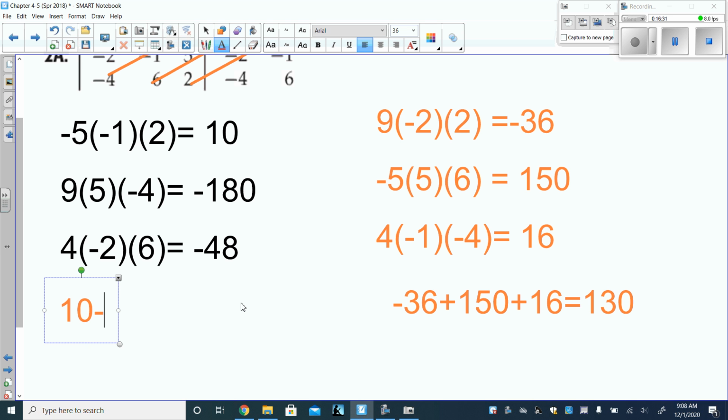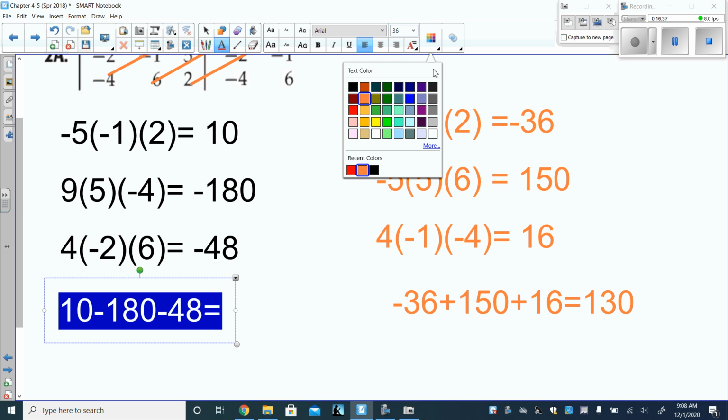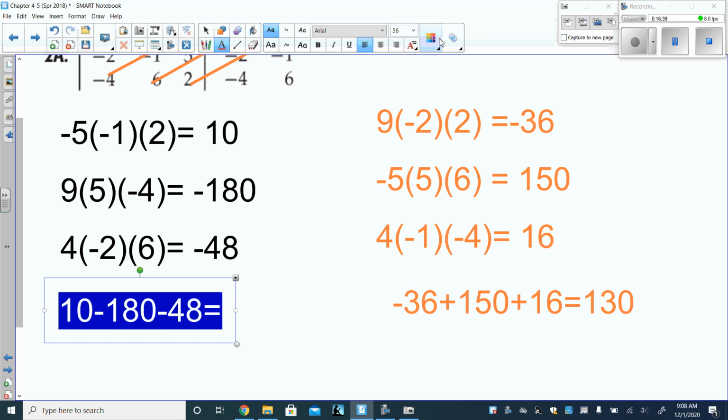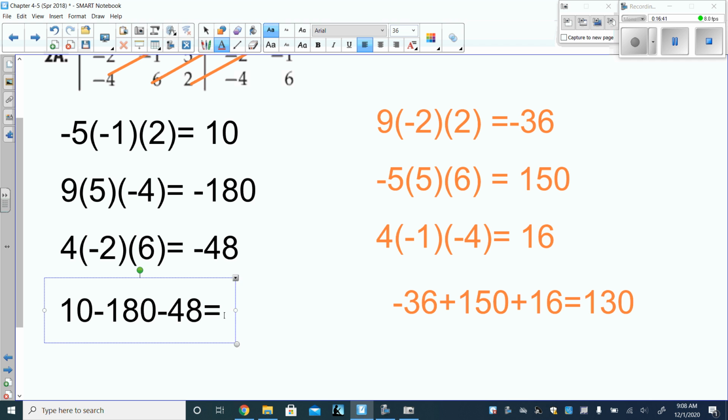So 10 minus 180 minus 48. And if we do this here, we will get -218.